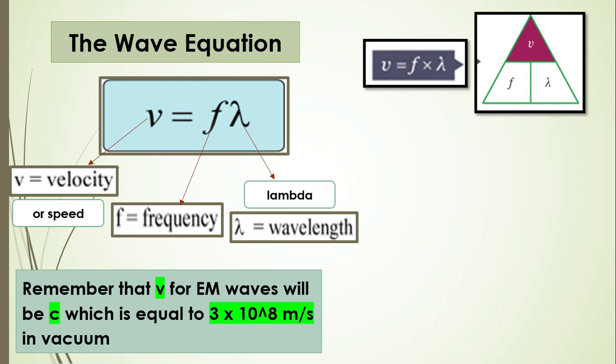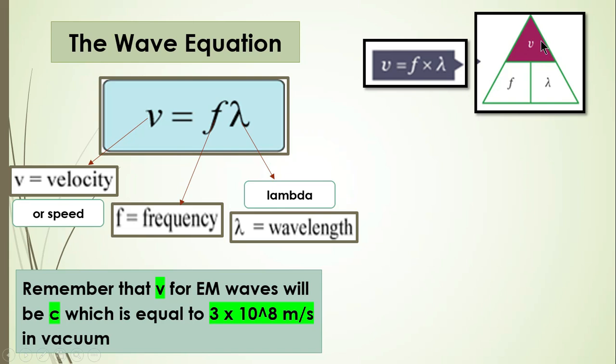The triangle method shows the specific location of the 3 variables, which are velocity, frequency, and wavelength. Velocity is in the upper part of the triangle, frequency is on the left side, and wavelength is on the right side.